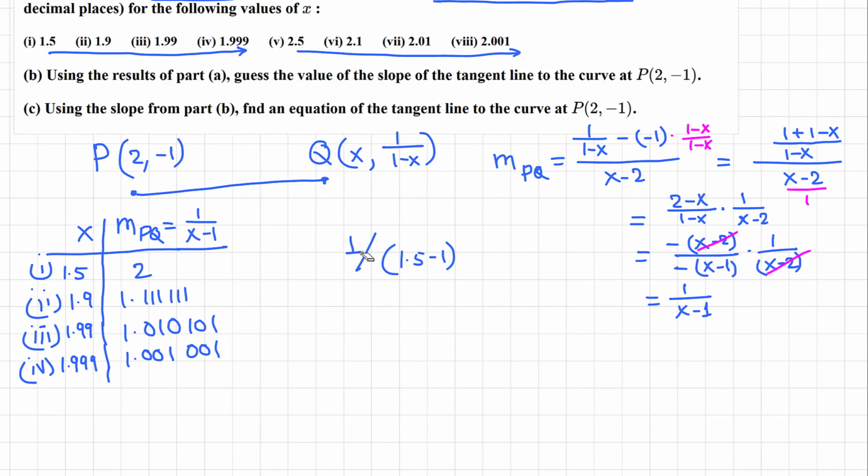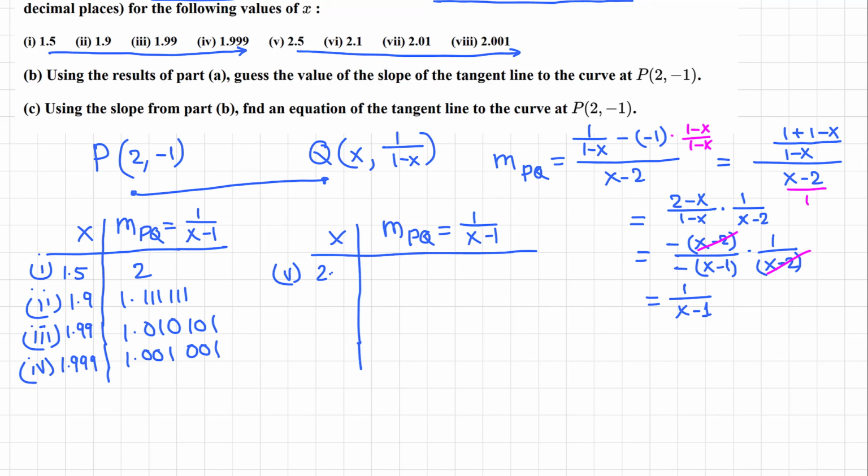Okay, so let's make another table for other values. We have x values, and we are trying to find the corresponding slope m for PQ, which is 1 over x minus 1. For 2.5, plug in 2.5 there, you're going to get 0.666667. Then 2.1, plug in here, 0.909091.